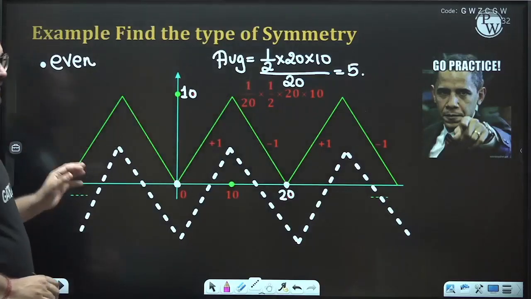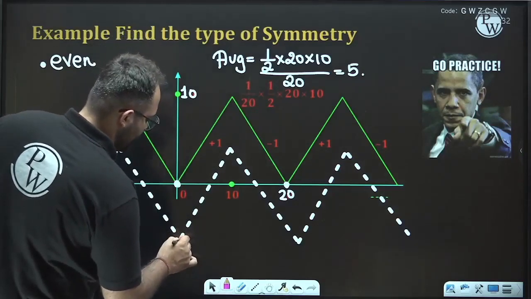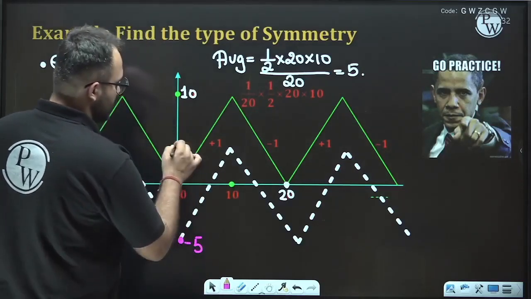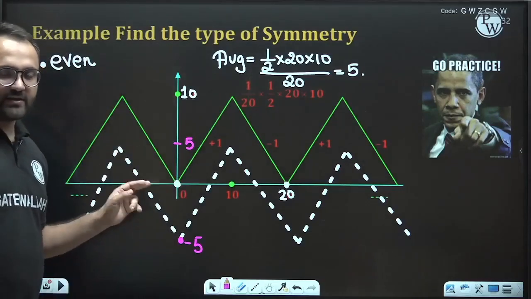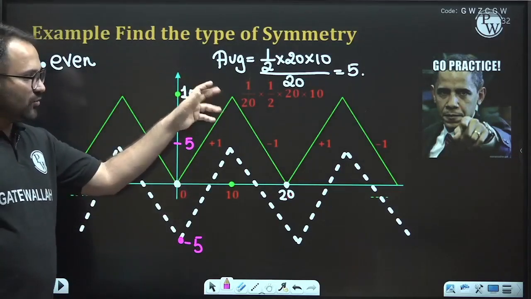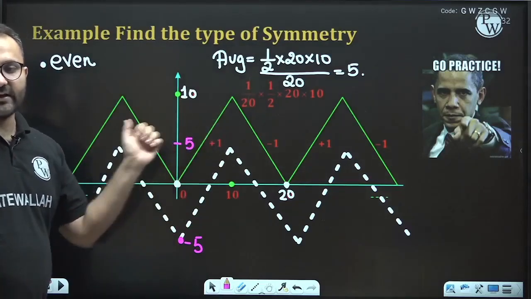Now we can see that this signal is going from -5 to 5. This is -5. This is 5. After shifting the original signal by 5 downwards, we'll get this white dotted signal.